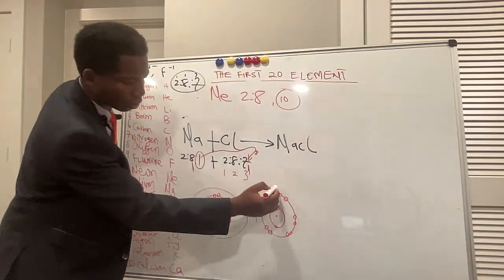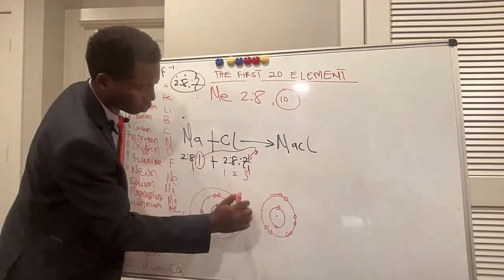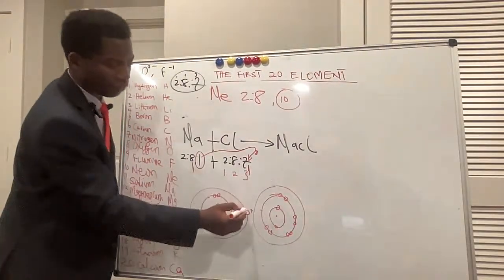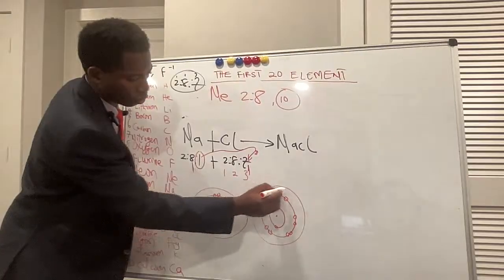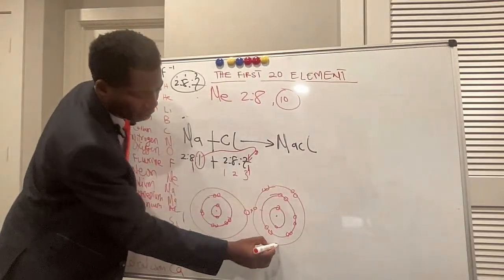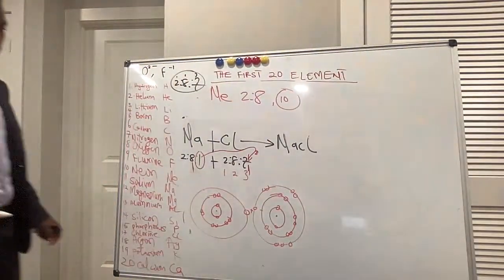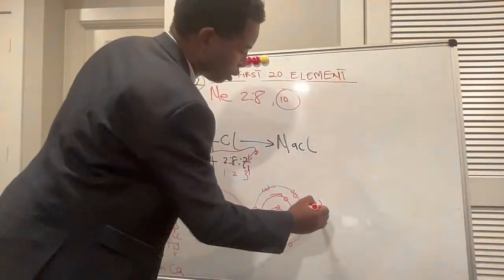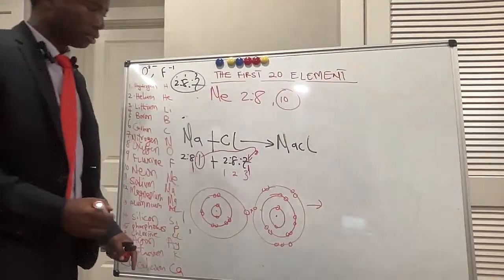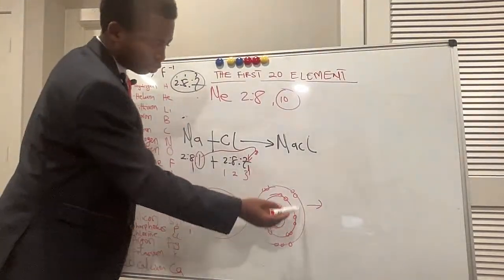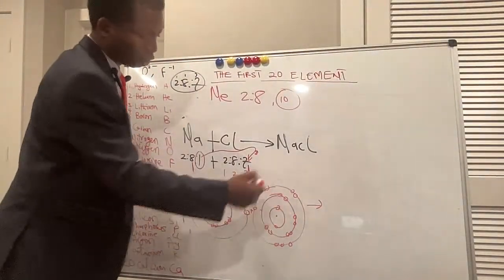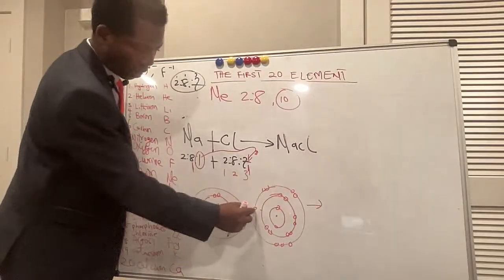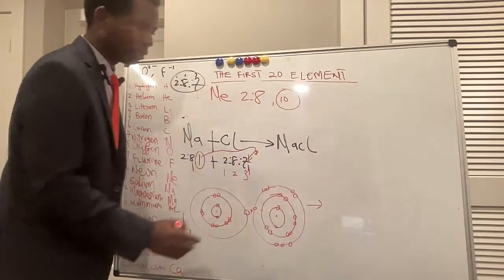Let's go to the third shell: 7. 1, 2, 3, 4, 5, 6, 7. You will notice that when you add all the electrons in the outermost shell of chlorine, it is equal to 8 now. When you combine it, that's what we are going to see at the other end.